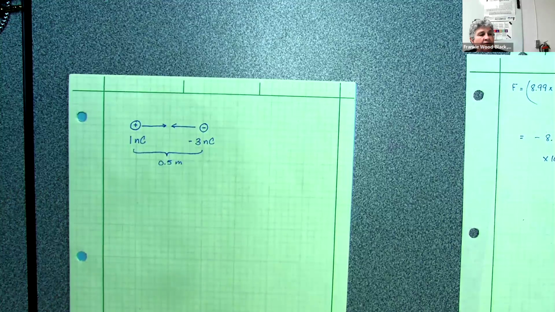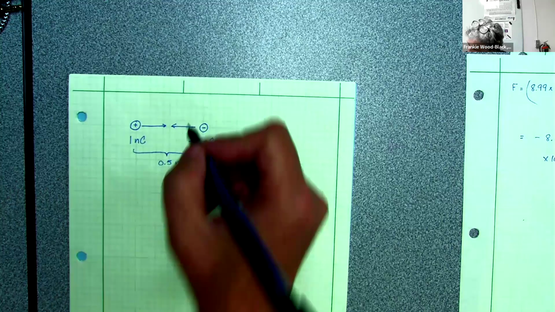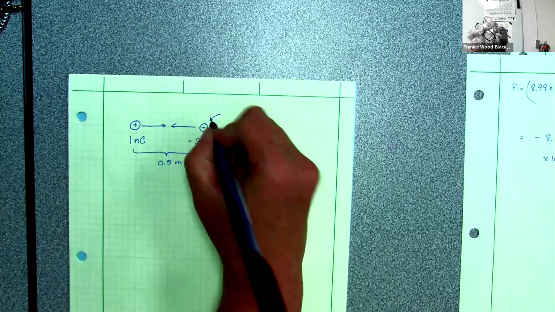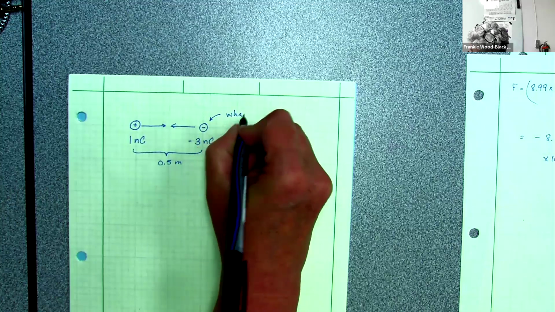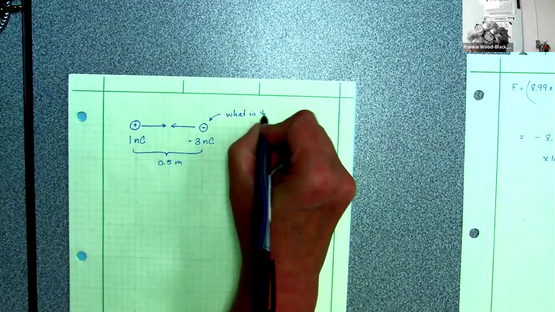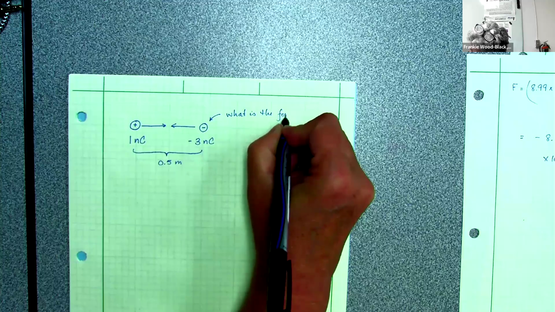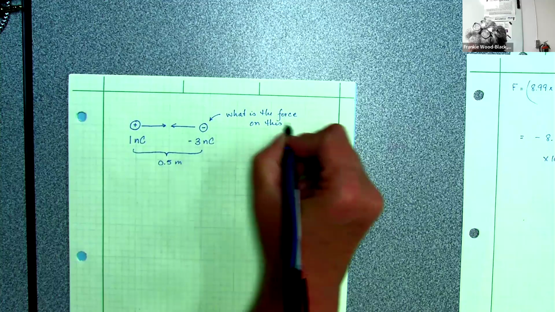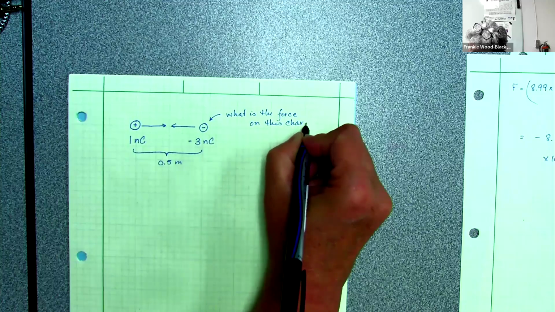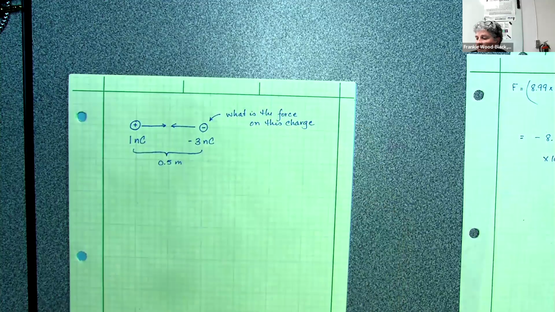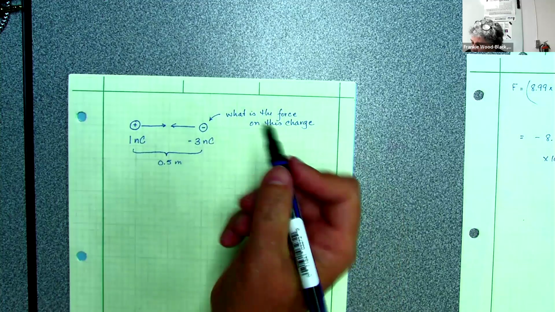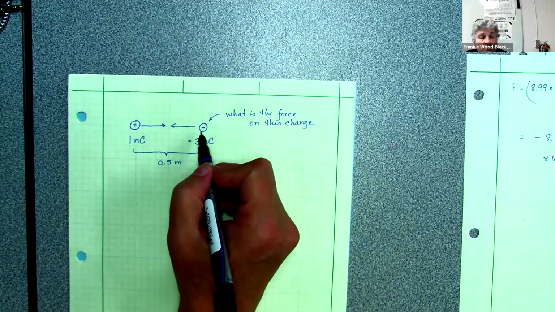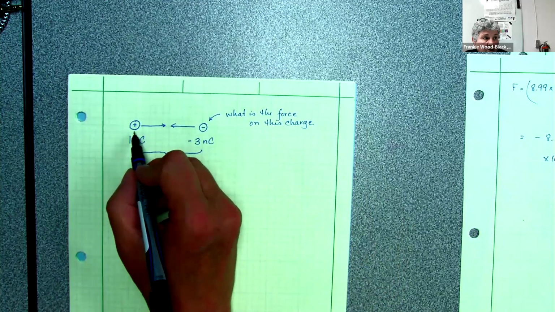So we are going to be very specific about our language. We're going to ask, what is the force on this charge? So we're looking at the force on this charge due to this charge.